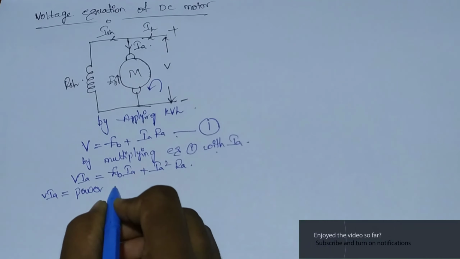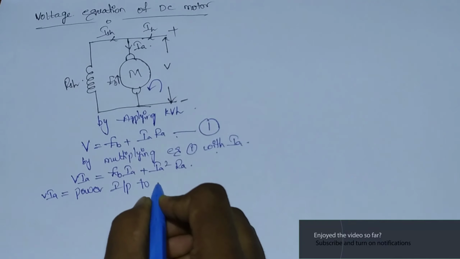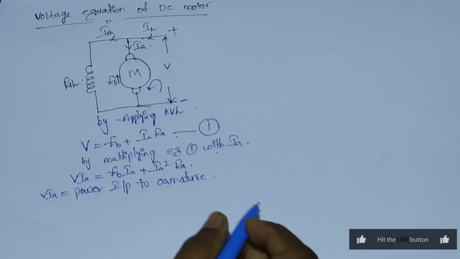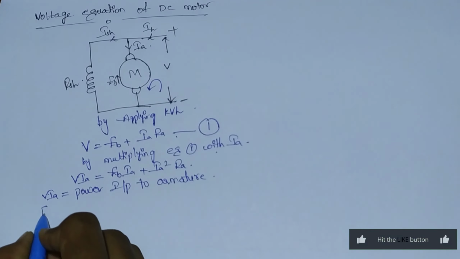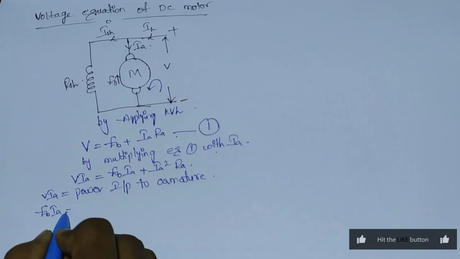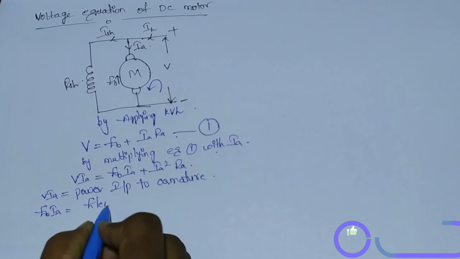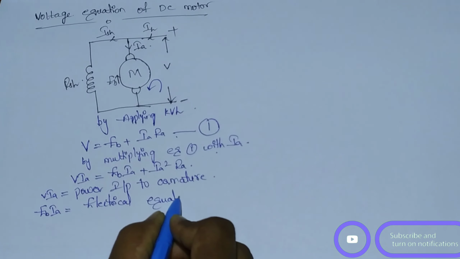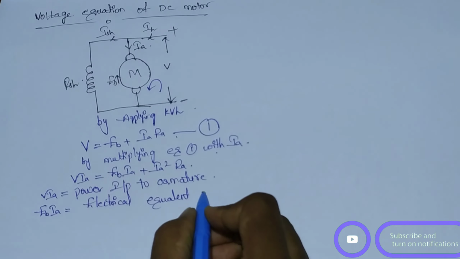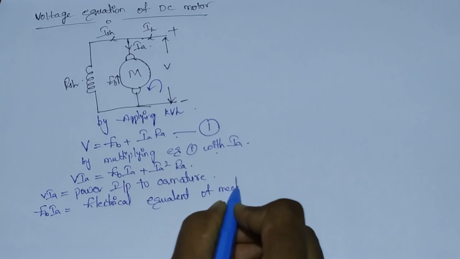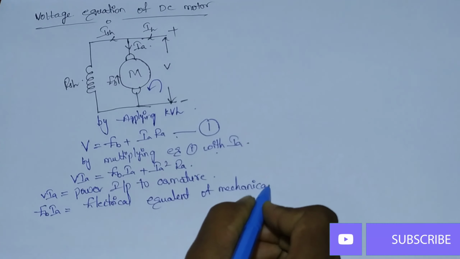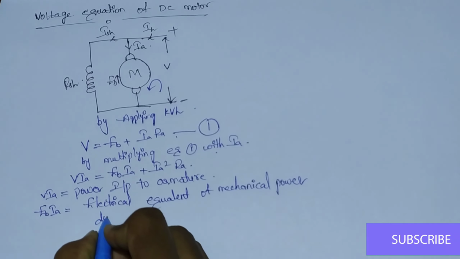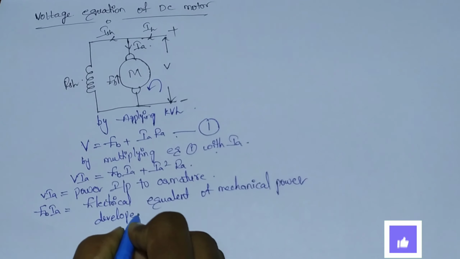Here VIA is the power input to the armature. EBIA is the electrical equivalent of mechanical power developed in the armature.